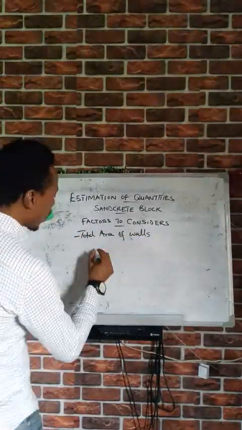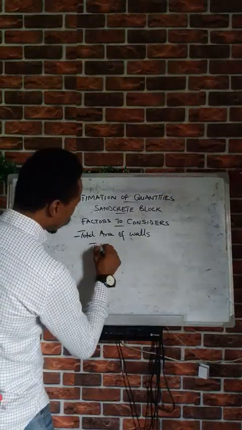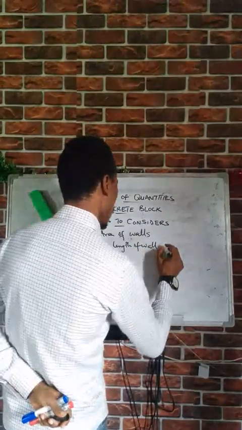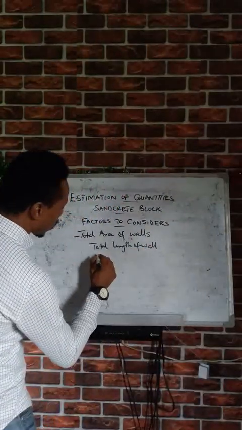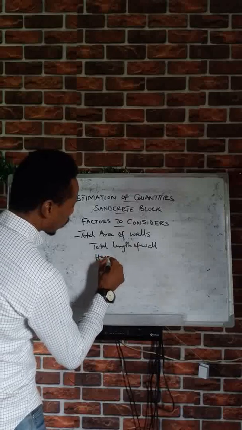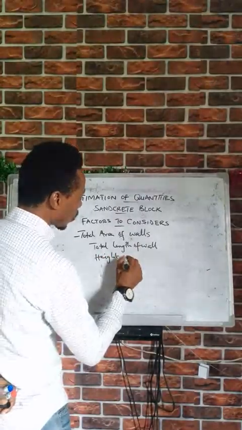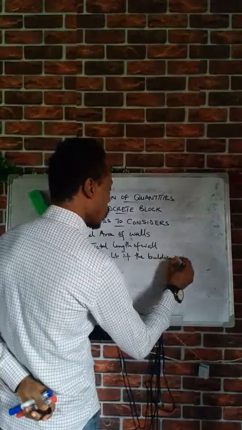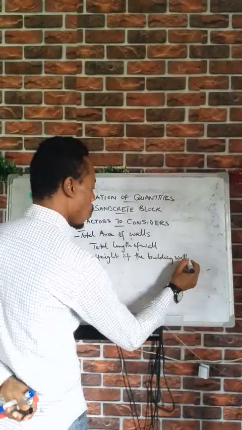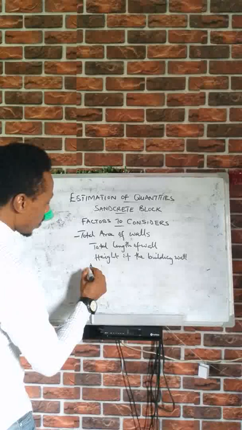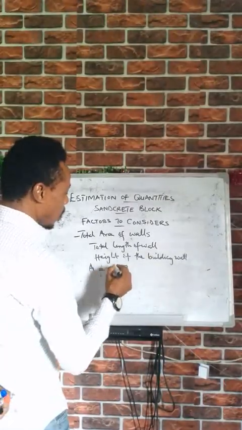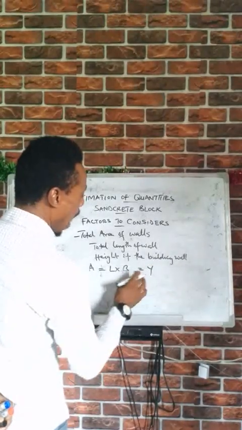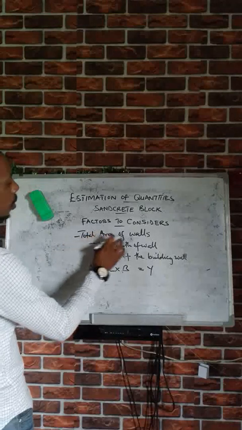The total area has to do with the total length of wall and the height of the building wall. In this case, you have area equal to length times breadth. With this you have gotten the area of your walls, which we call y.